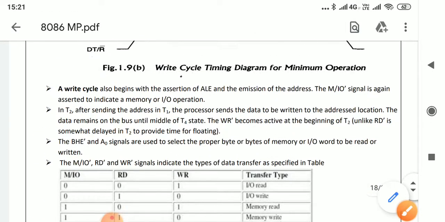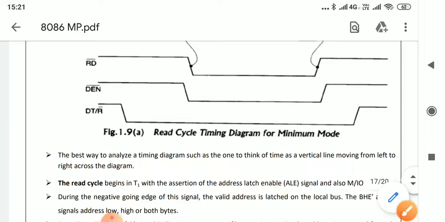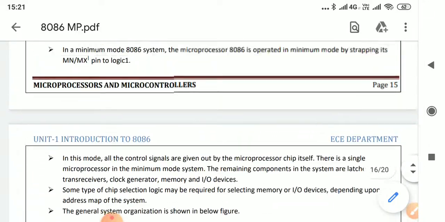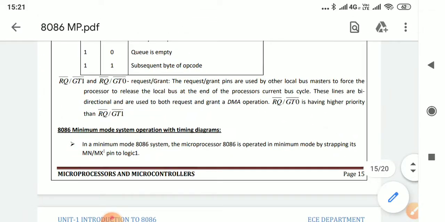So let us see one by one. Minimum mode operation. In minimum mode operation, 8086 is operating in single processor mode, meaning in the system configuration there is only one microprocessor. The MN/MX bar pin is set to logic 1 to operate the microprocessor in minimum mode.